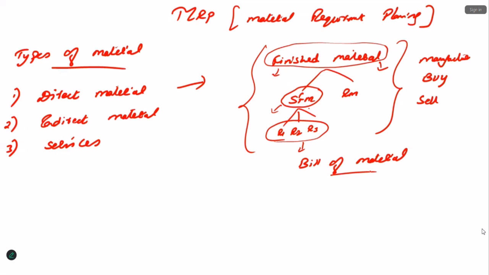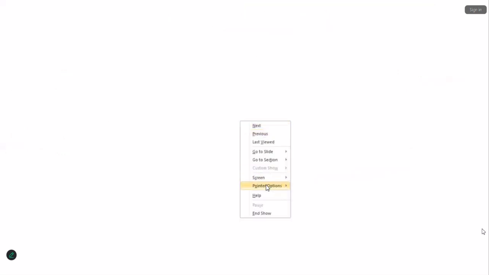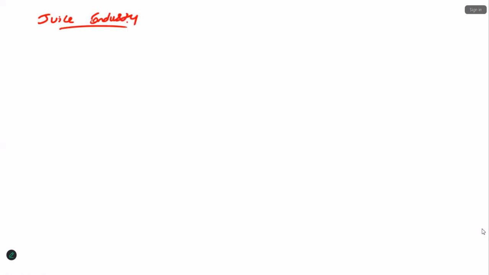Okay. Now let me take an example. Consider that you have a small factory. Let me take an example of a juice industry. An FMCG industry, and under the FMCG industry, you have a juice industry. Manufacturing of juice is a finished product. Okay, or we can call it a semi-finished product. To manufacture this juice, we need sugar, we need fruit, we can sell fruit concentrate.